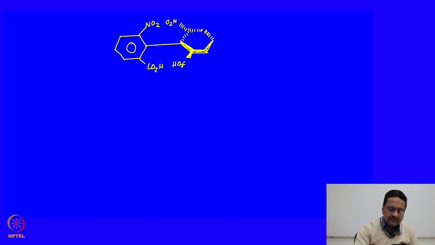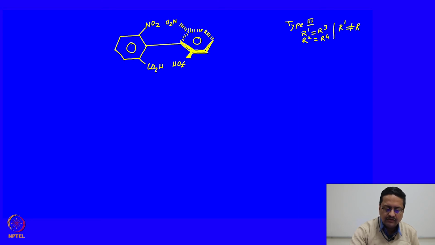So, what we see here, this molecule is of the type 3, where R1 is equal to R3 and R2 is equal to R4 and R1 is not equal to R2.